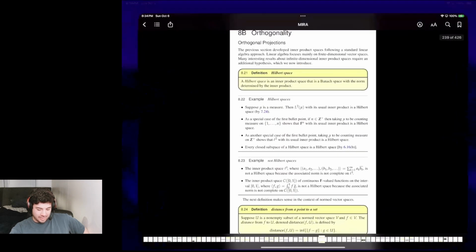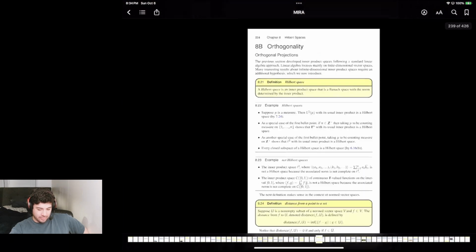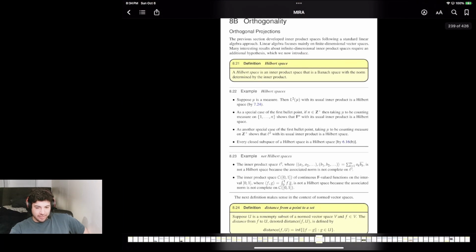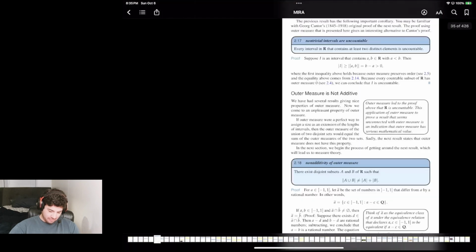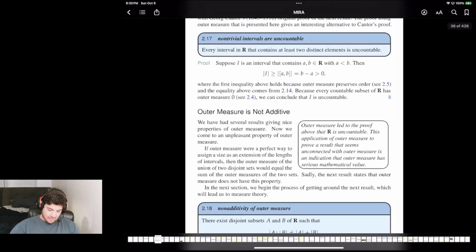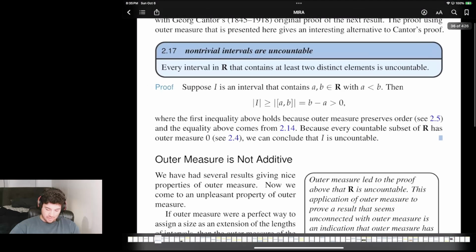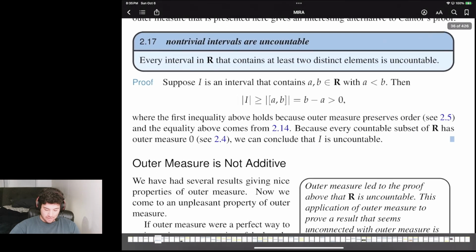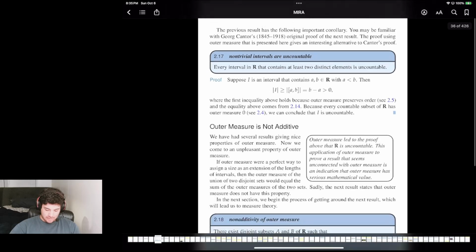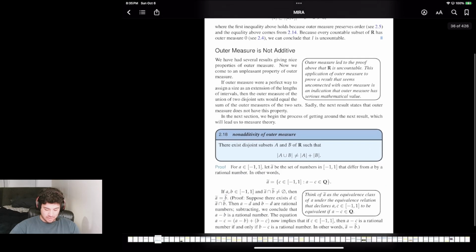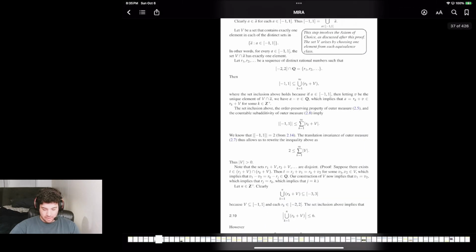It's obviously not as complete as Royden or Rudin, but it has all the main details, and as long as your undergrad real analysis is solid, this would be a really good introduction to measure theory.